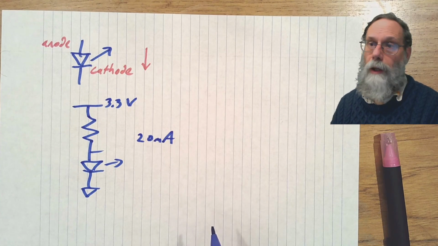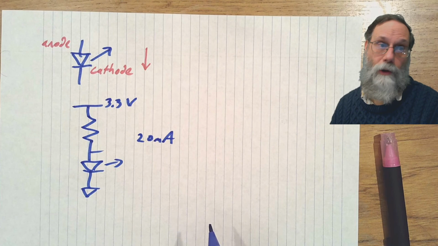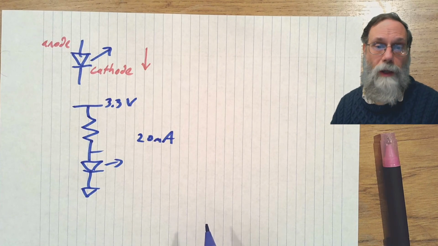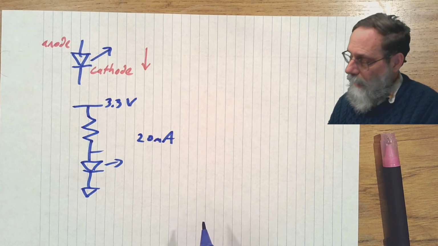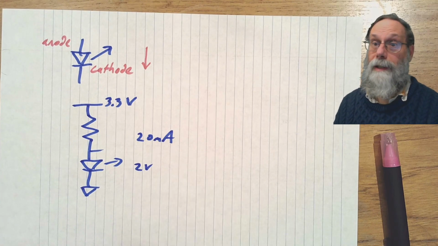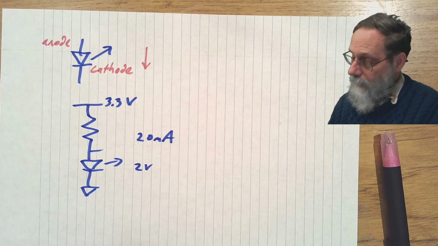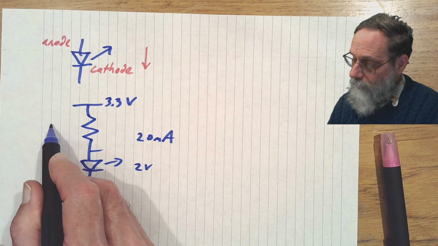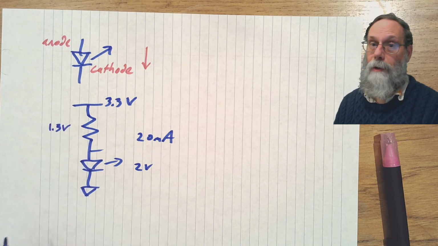Well, I was just looking at that plot, and you could look at the one on the data sheet, and to get 20 milliamps, I needed about 2 volts across the LED. That leaves 1.3 volts across the resistor.